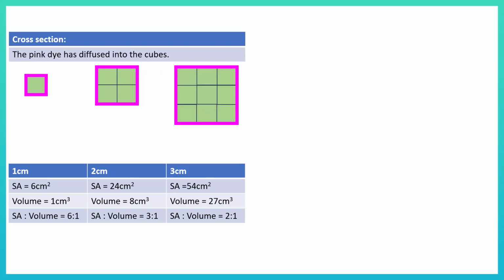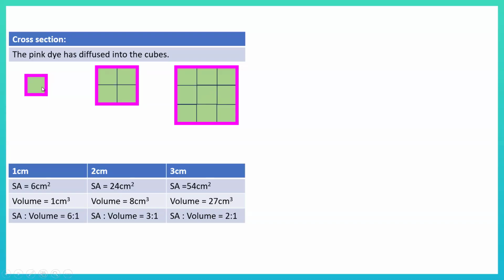It's really important, because the distance that the dye diffuses is always going to be the same. So on a small cube, proportionally, it gets much nearer to the center of this small cube than it gets to the center of this much larger cube. So that's where the importance is of this concept.